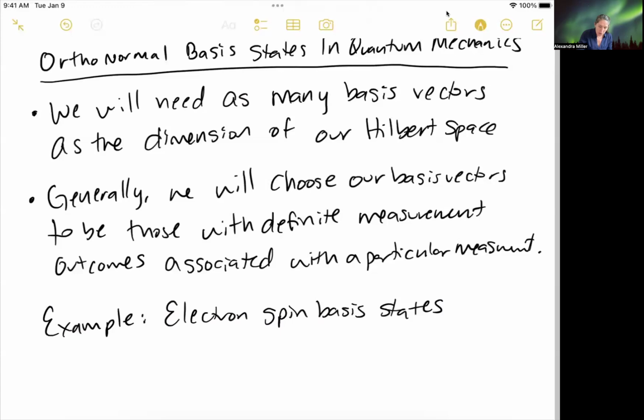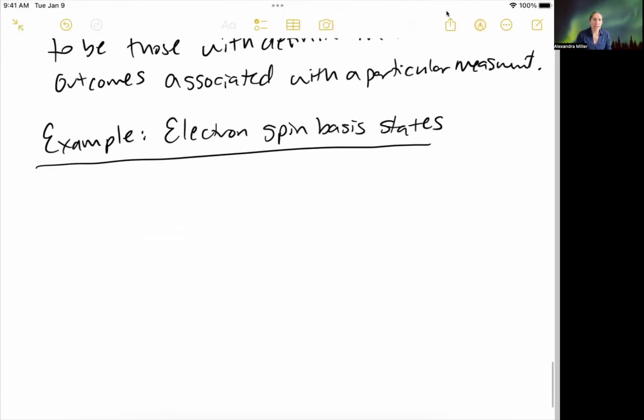And I say electron, although this example will actually work for any spin 1/2 particle, so any of our fermions, which are all spin 1/2. There are three common bases that one can use, although really one that most textbooks focus on.